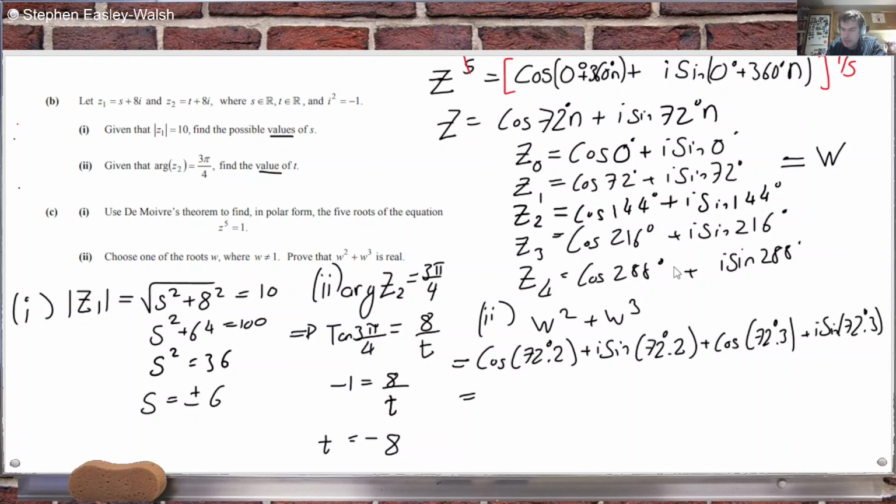So that's cos 144 degrees plus cos 216 degrees plus i sine 144 degrees plus i sine 216 degrees.